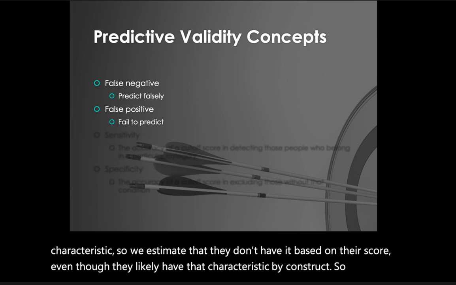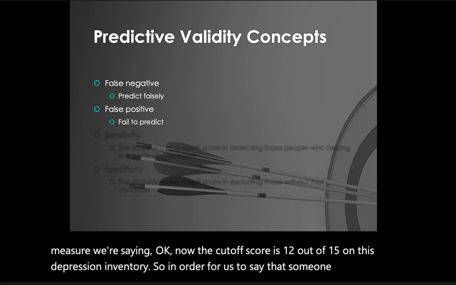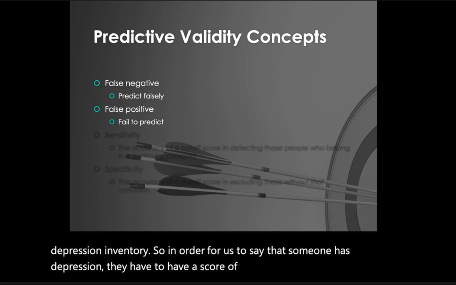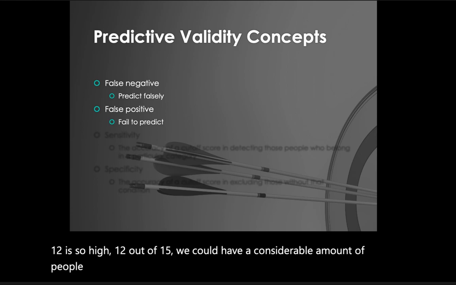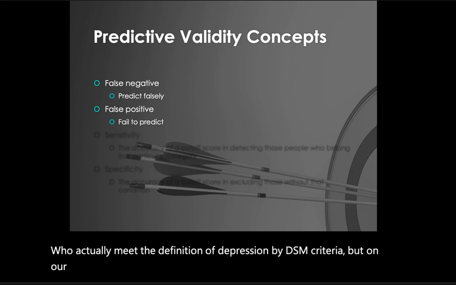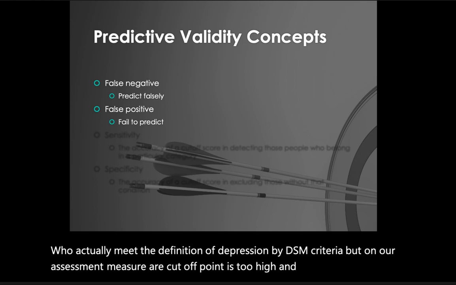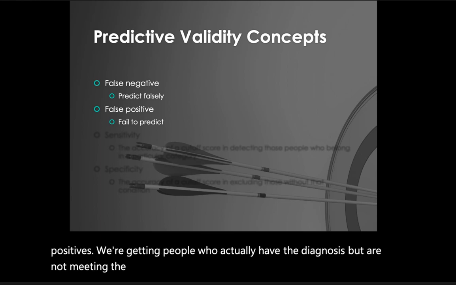So, same measure, we're saying the cutoff score is now 12 out of 15 on this depression inventory. In order for us to say that someone has depression, they have to have a score of 12 or higher. And because that 12 is so high, we could have a considerable amount of people who actually meet the definition of depression by DSM criteria, but on our assessment measure, our cutoff point is too high and we're getting false positives.